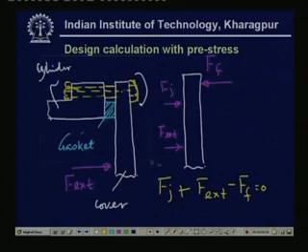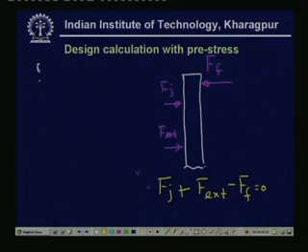the external force, that is Fj or Ff, will be equal to F initial, and this is again extended, that is, there is an extension.